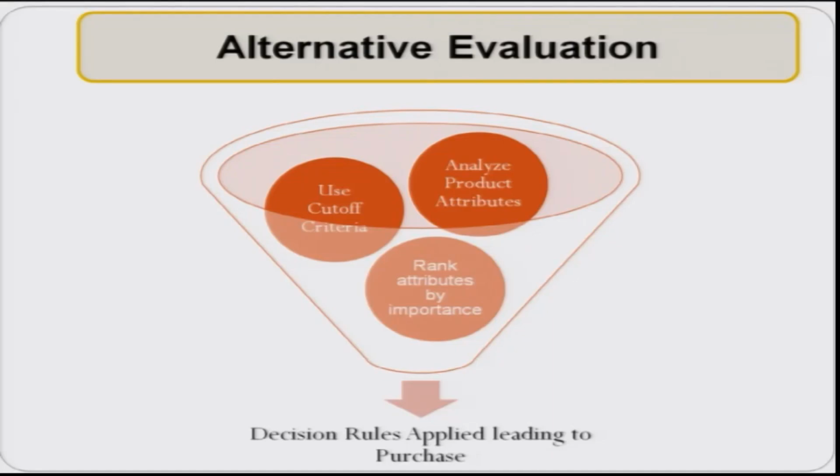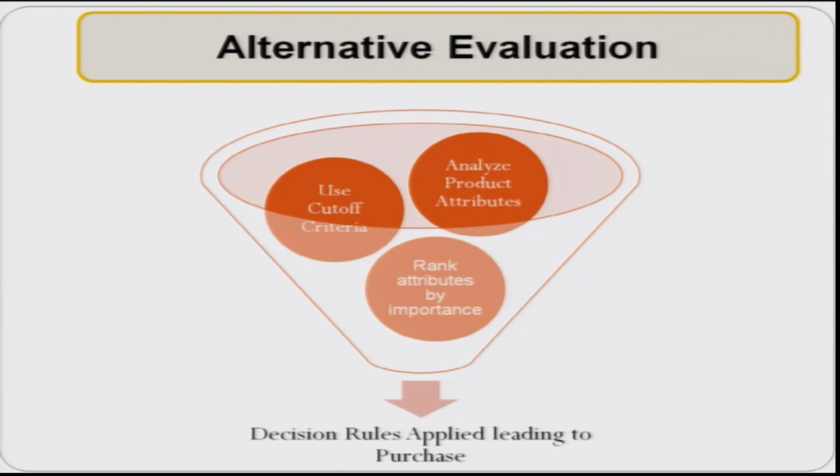Then we talked about the three inputs that go into the evaluation of alternatives: the important criteria, the ranking of those important criteria, and the cutoff, or the minimum expected from a brand to be chosen on that particular criterion.